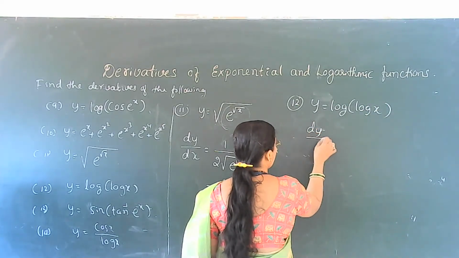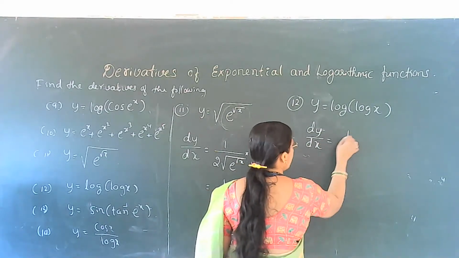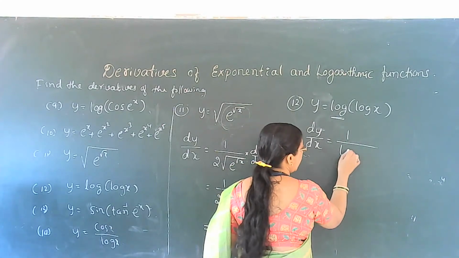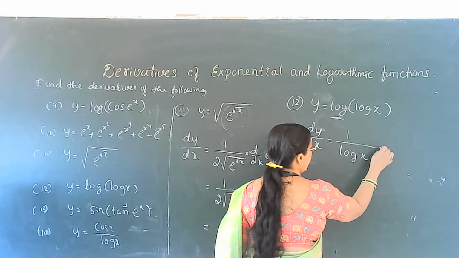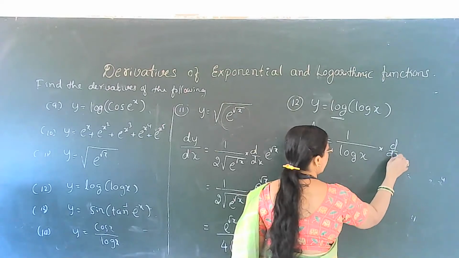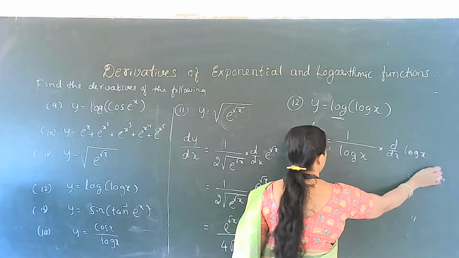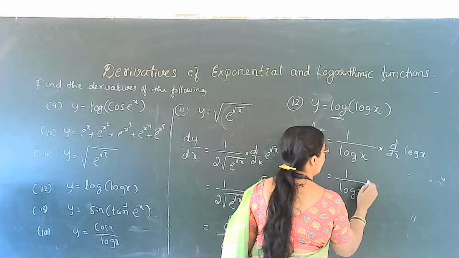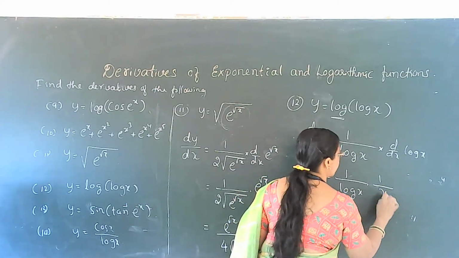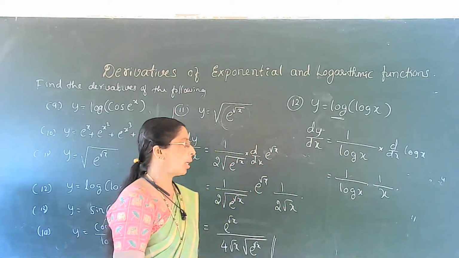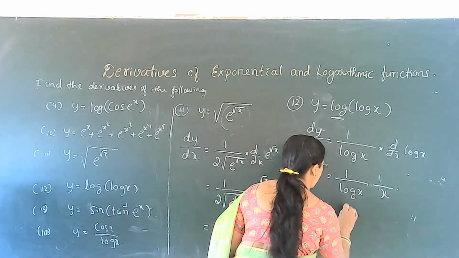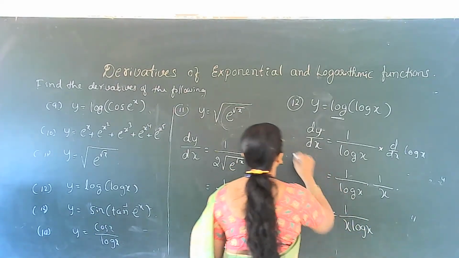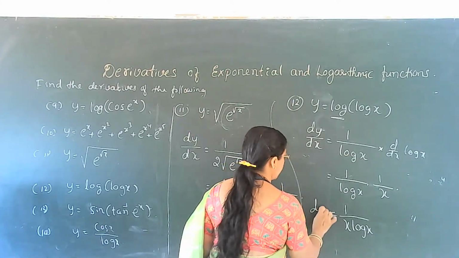Here dy by dx is equal to 1 by, first we solve this log, 1 by log x into d by dx of log x, 1 by log x into 1 by x, which is equal to 1 by x log x. This is the derivative of the function.